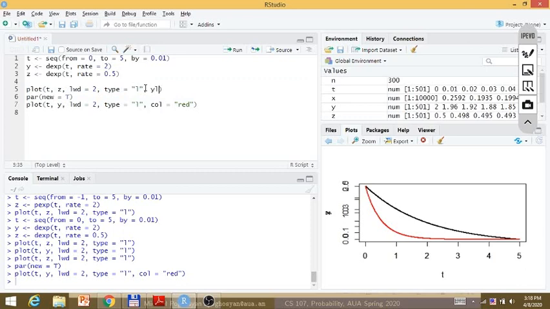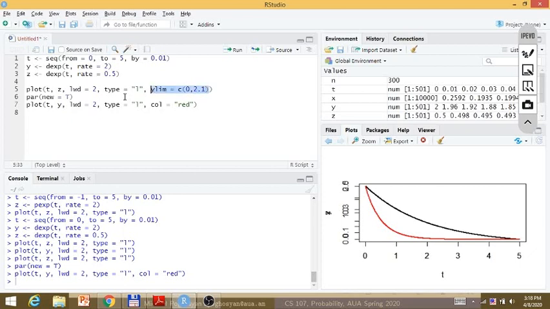ylim. Well, xlim is 0 to 5 for both of them, so no need to change xlim. ylim is from 0 to, well, the highest point. For this, the highest point will be 2. For this, the highest point will be 0.5. So I'm doing both from 0 to 2. Or let me write 2.1, a little bit larger.